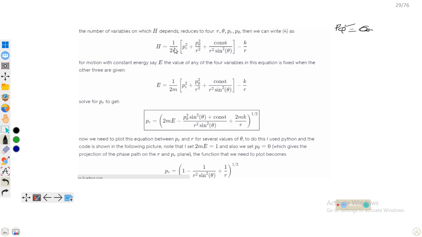So H will be equal to 1 over 2m times pr squared plus p theta squared over r squared plus this term, minus k over r. For motion with constant energy, the value of any of the four variables in this equation is fixed when the other three are given. So the energy will be equal to this total Hamiltonian, and we can find the value of pr, which will be equal to this.